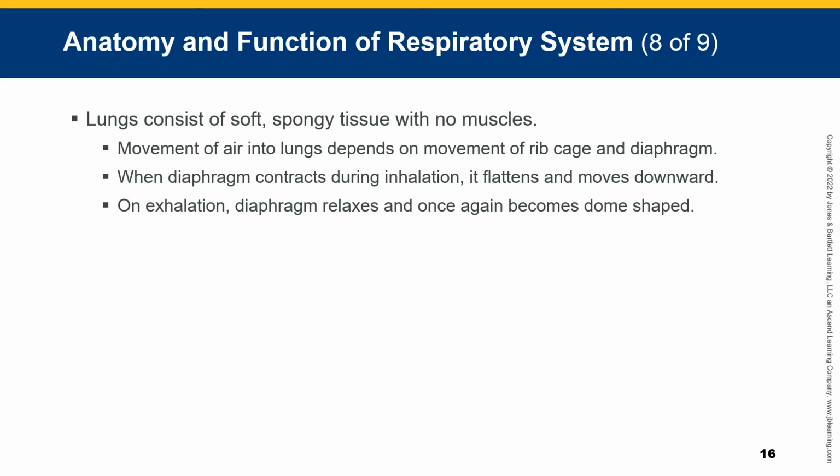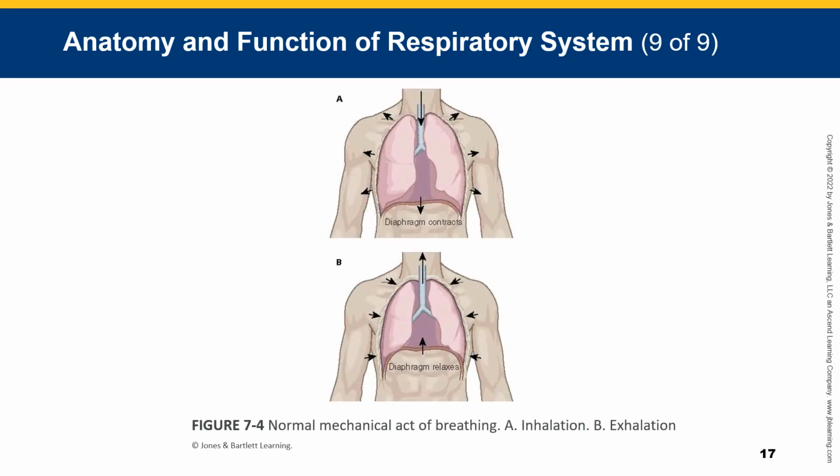On exhalation, the diaphragm relaxes and becomes dome-shaped again, which allows the chest to relax and the air to pass naturally back out of the lungs. This is figure 7-4 from your text, and it shows exactly the process that I just described.